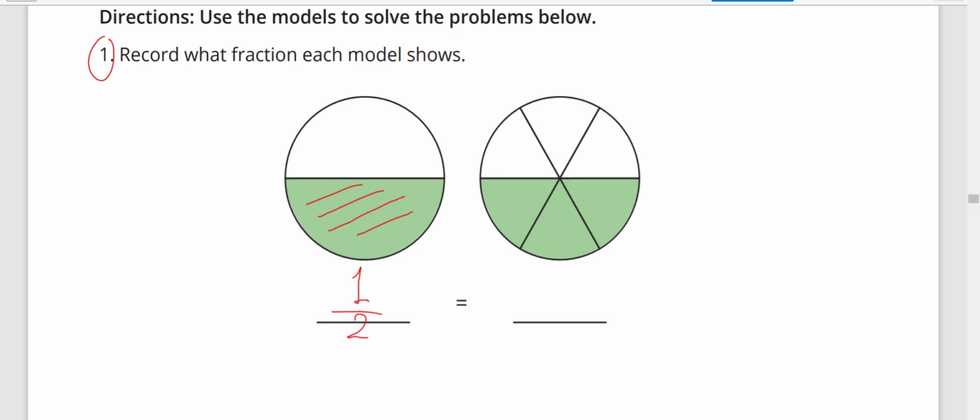The second model divided the circle into 1, 2, 3, 4, 5, 6 equal parts and color each part sixths. So how many sixths do we have? 3 sixths.